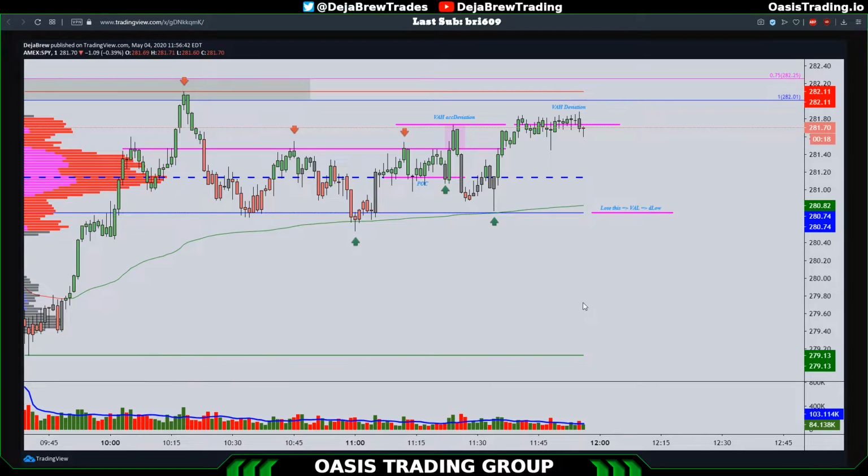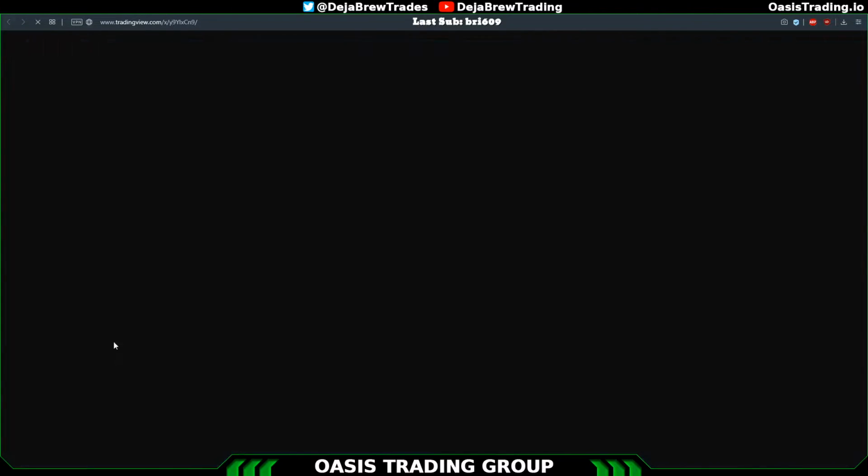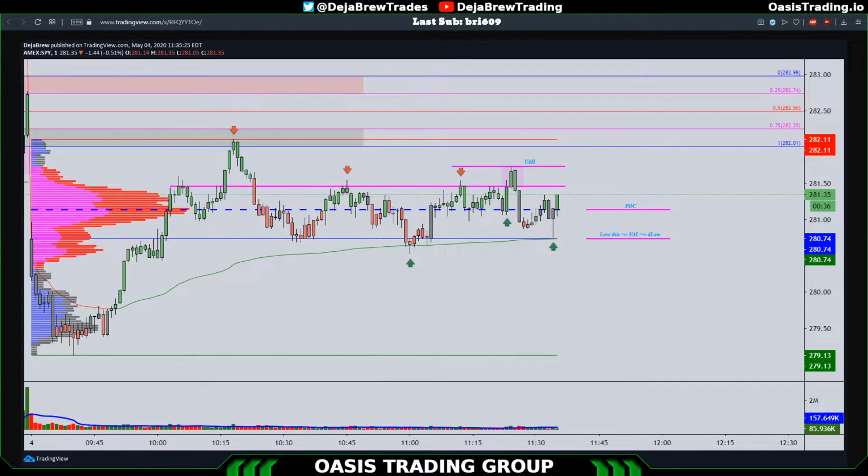Here is where that kind of value area high deviation started to happen. Here is that value area low being tested after that break of the daily open. Here is where we called out the gap. Let me delete these.